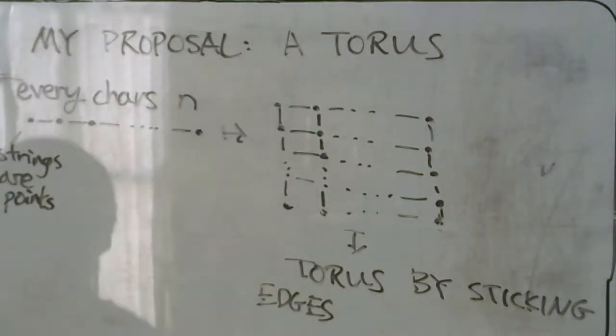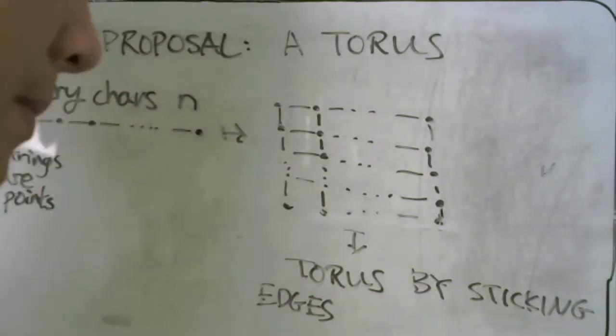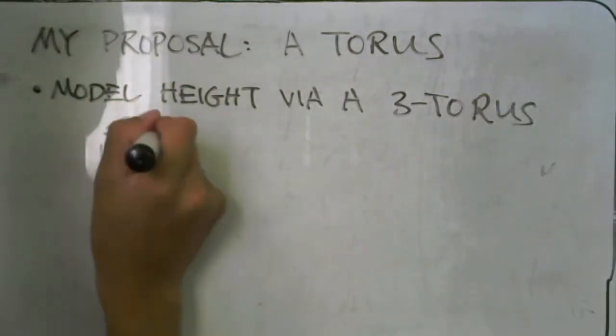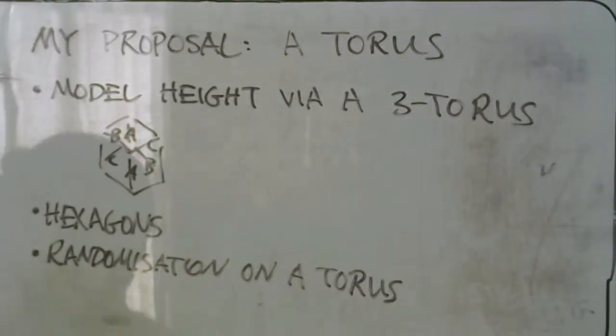A few ways we could generalize this is to actually make the library three-dimensional by modeling the height of the library and then using generalizations of a torus, such as a 3 torus, which is achieved by sticking opposite faces of a cube together.